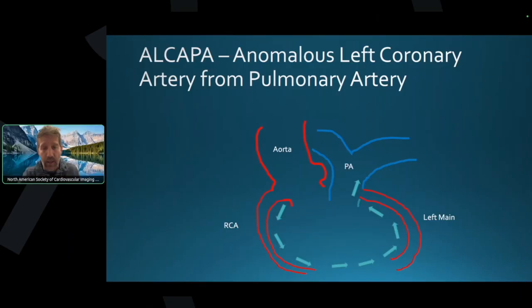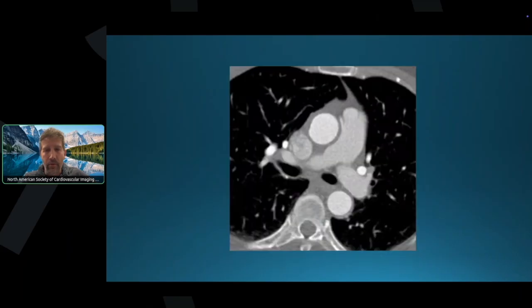This is not a common anomaly. I've seen a few, I think it's 1 in a million maybe, patients will have one. But occasionally we find them incidentally in patients that present with heart failure later in life.